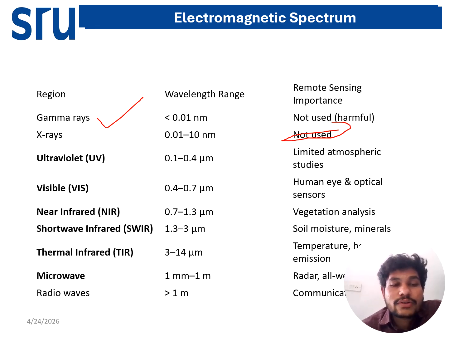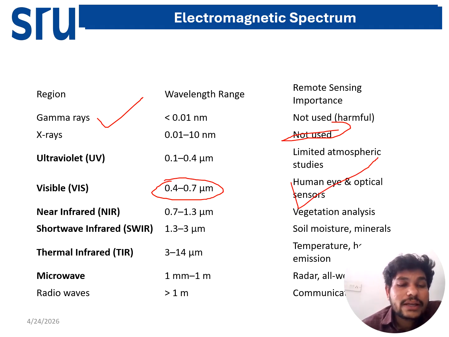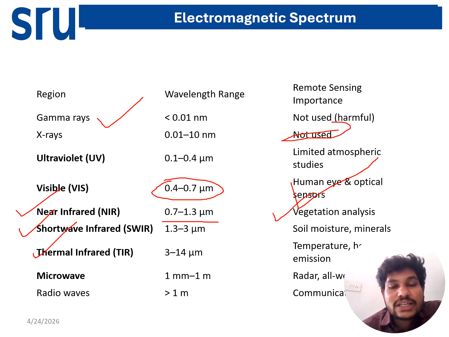Then visible rays, that is radiation of 0.4 to 0.7 micrometers, which we see with human eyes. Then infrared has three different components: near infrared, short wave infrared, and thermal infrared. Near infrared range is 0.7 to 1.3, used for vegetation analysis, and 1.3 to 3 micrometer, used for soil moisture and mineral detection.